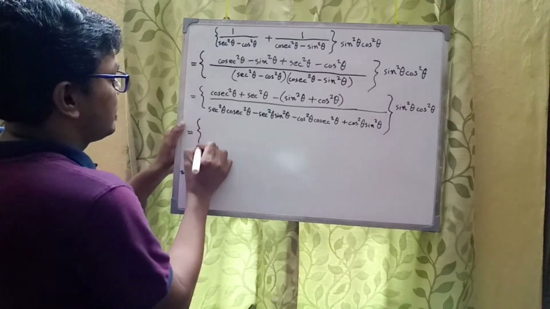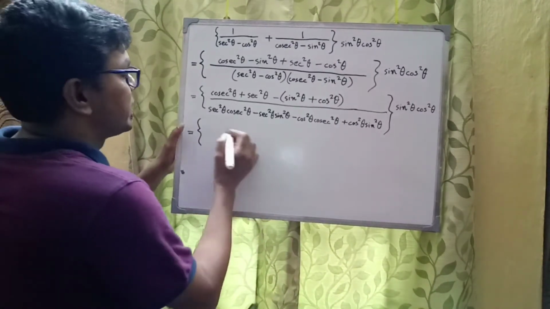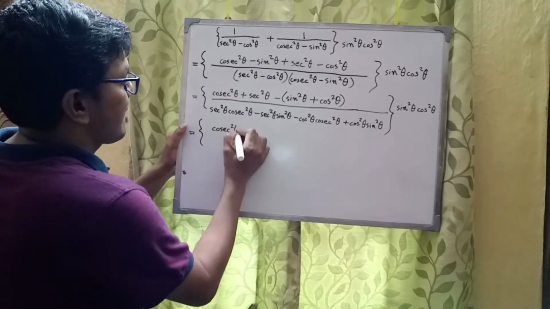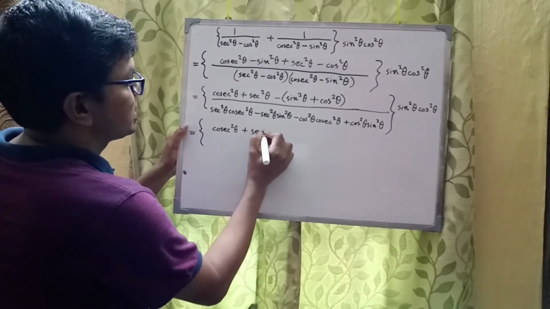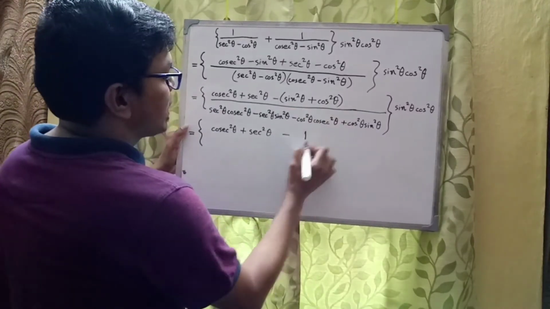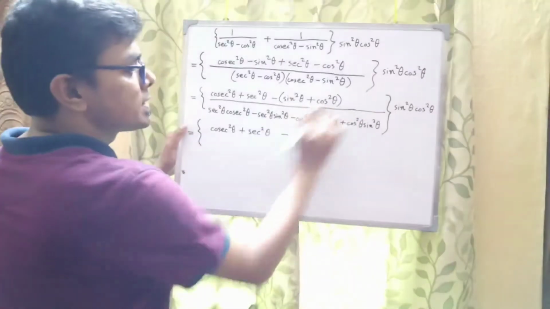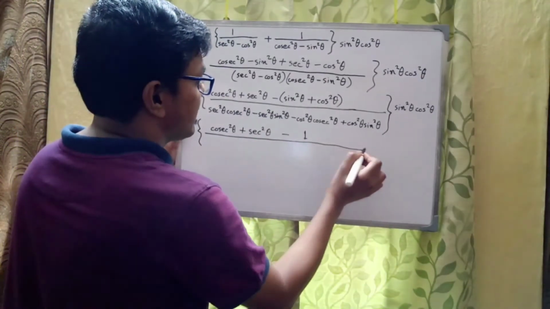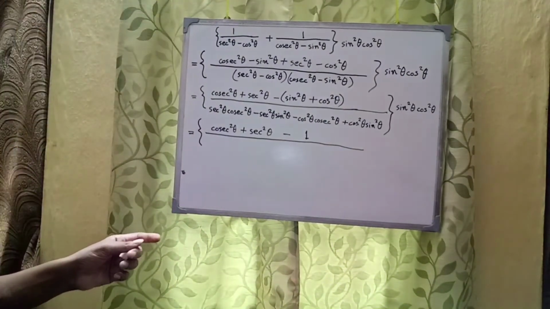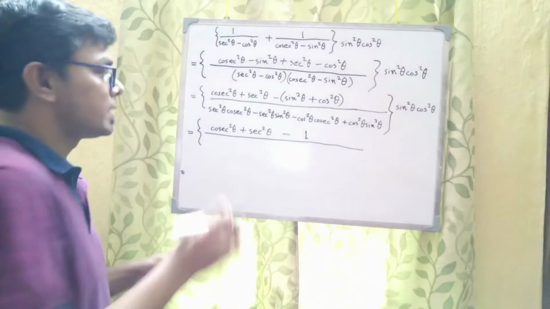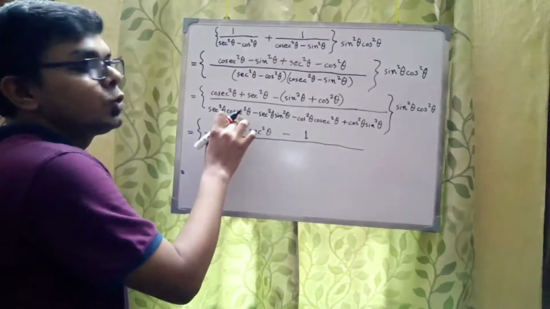This equals, first let's consider the numerator: cosec² θ plus sec² θ minus 1, this is 1. And in the denominator, let us convert everything to sine and cos. Why would we do that? The term is sec² θ into cosec² θ.